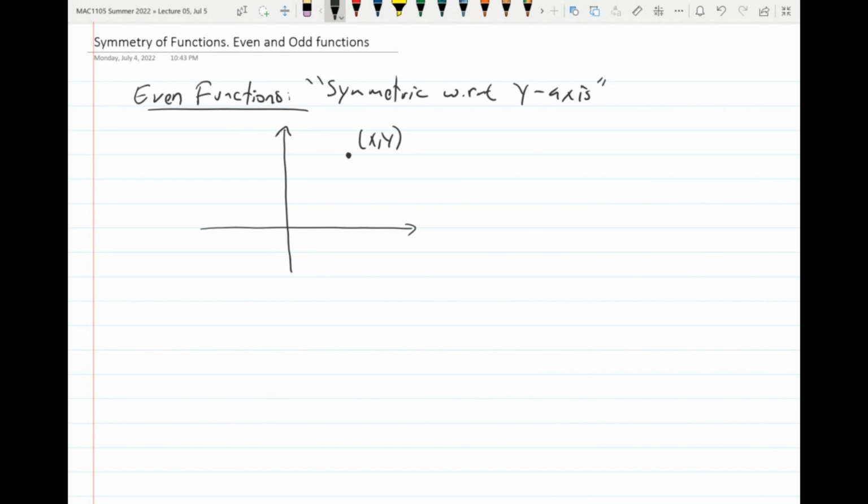So that means every time that we have something going on this side, on the right side, it has to reflect over to the left side. So if (x, y) is a point on the graph, then (-x, y) has to also be a point on the graph.